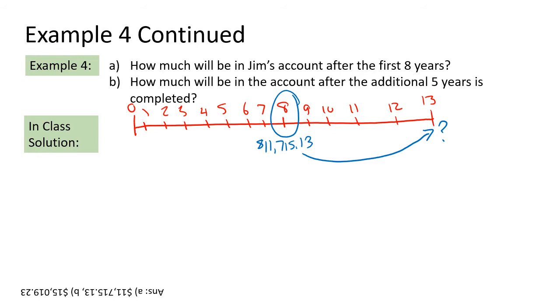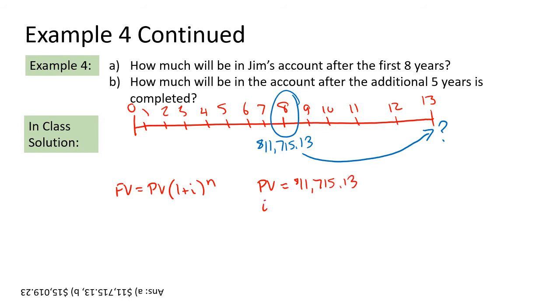And like I said, this is simply a future value calculation. So remember, future value is present value times 1 plus the periodic interest rate to the exponent n, and the exponent n in this case is the total number of compounding periods. So we know our present value is $11,715.13.